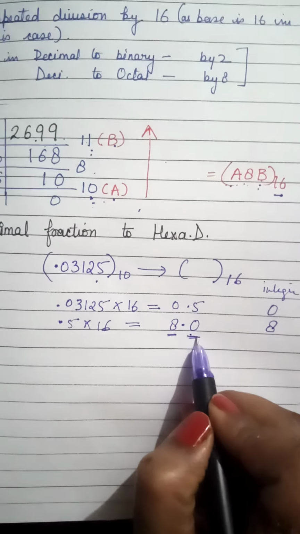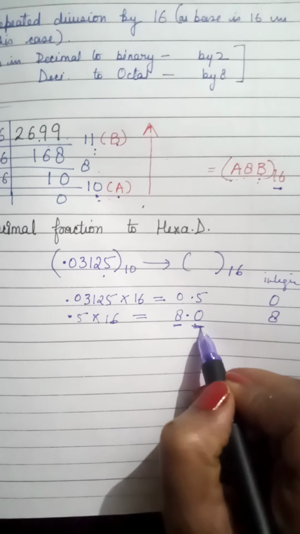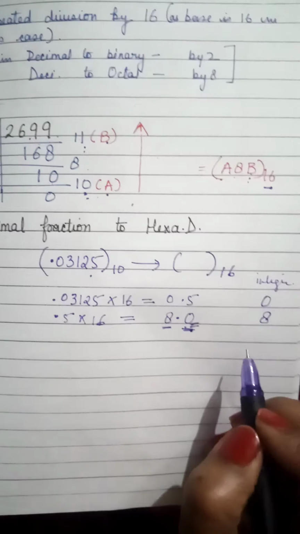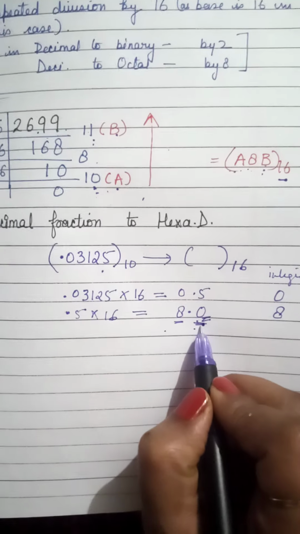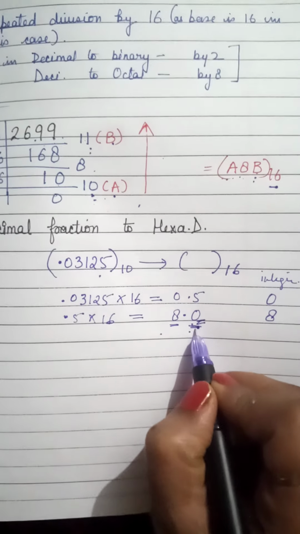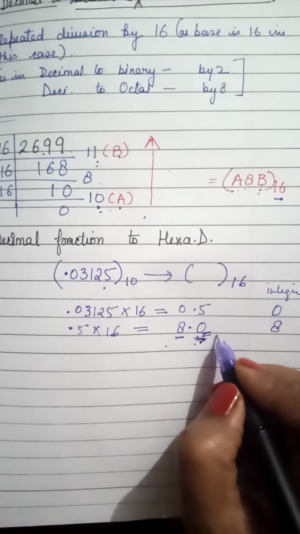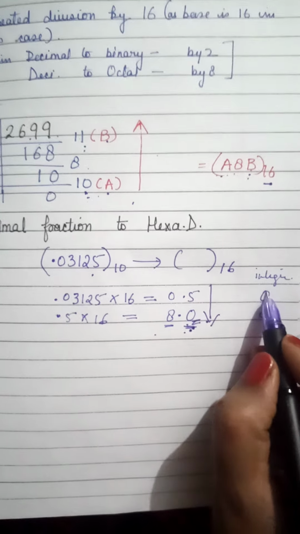Now in this case we don't have any fractional part, so there is no need to multiply with 16 anymore. Till you are getting a fractional part, you will be multiplying that number by 16. So what will be the answer? 0.08.